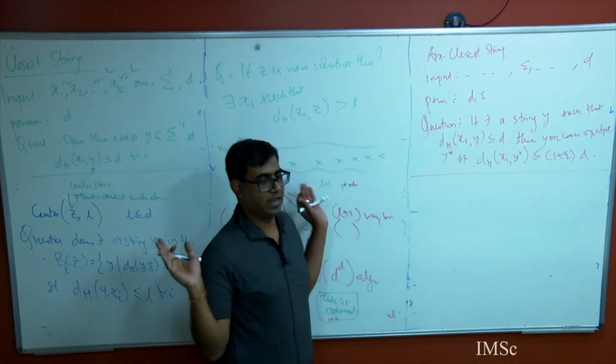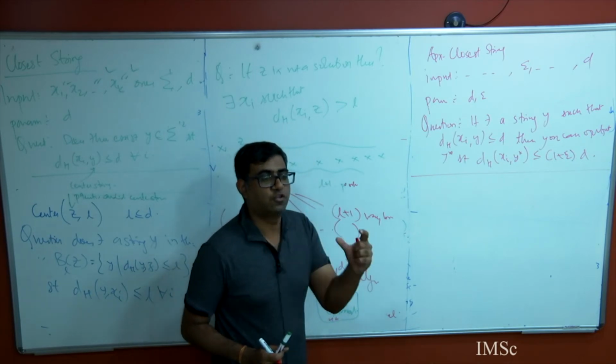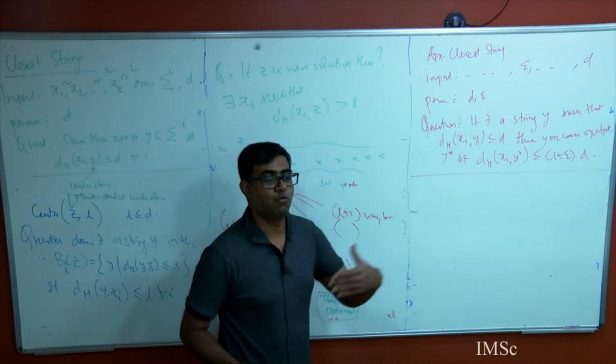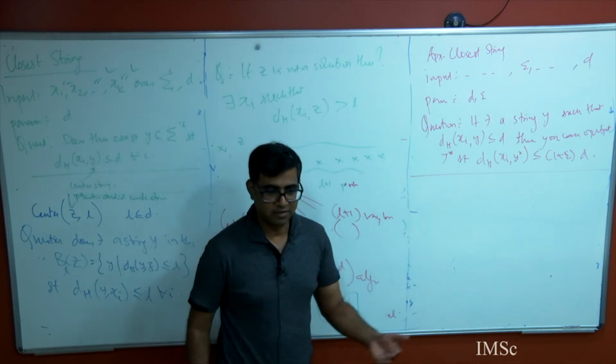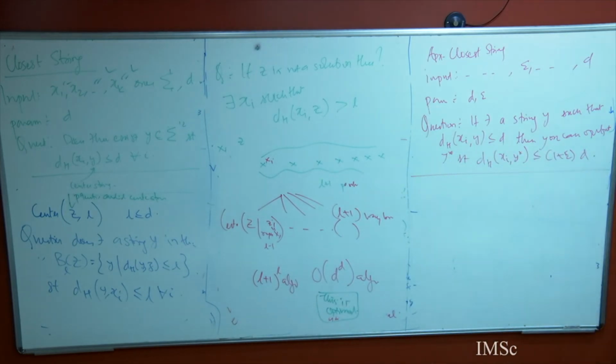So if I say no, I cannot output, it means that there is no center string with Hamming distance at most d. But if I give you a string with 1 plus epsilon times d Hamming distance, that doesn't mean that there exists a center string with Hamming distance at most d. You understand? When I say no, I am clearly correct. There is no such center string.